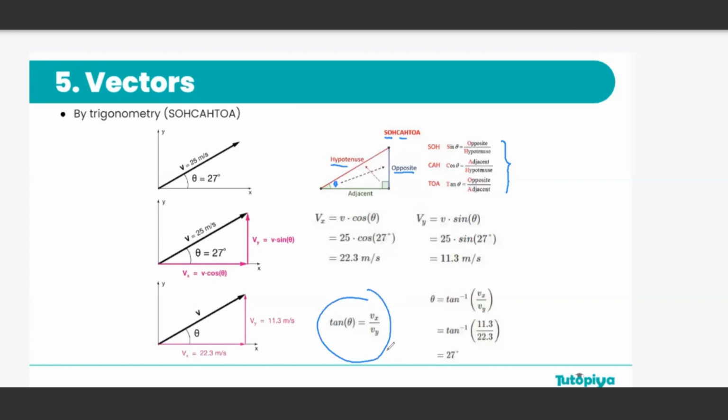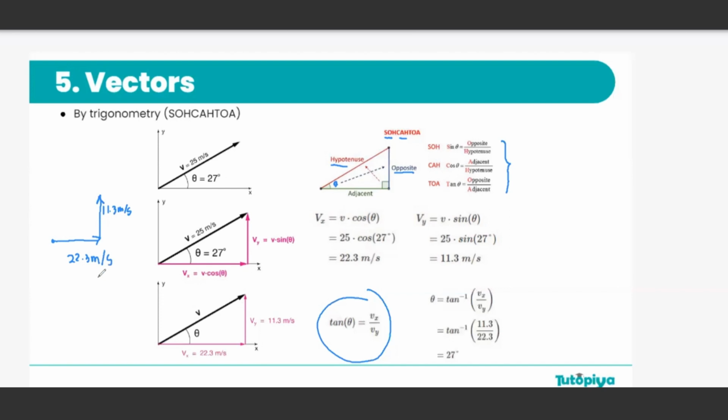Now, we're looking at another example where the two forces are 22.3 meters per second and 11.3 meters per second. So, we're looking at a horizontal force of 22.3 meters. Oh, in this case, it's a velocity, 22 meters per second, and a vertical velocity of 11.3 meters per second.